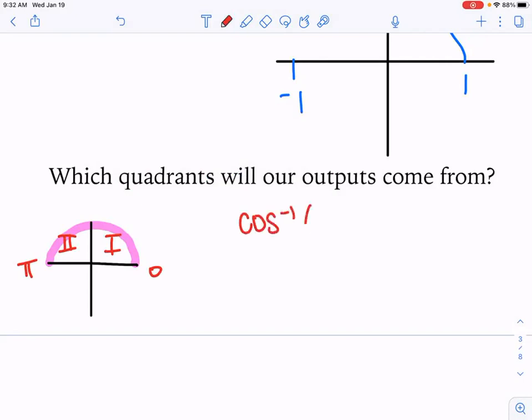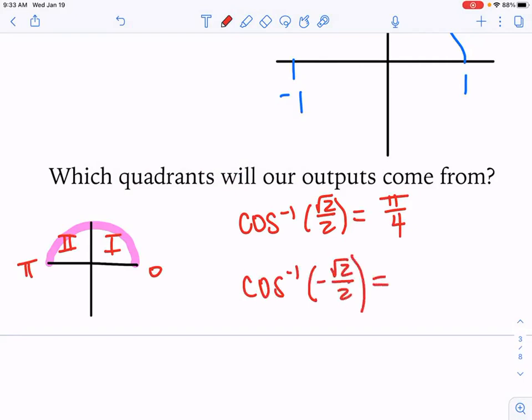If I ask you for the inverse cosine of radical 2 over 2, since it's a positive ratio, our only option is quadrant 1. That answer would be pi over 4. But what if I ask you for the inverse cosine of negative radical 2 over 2?